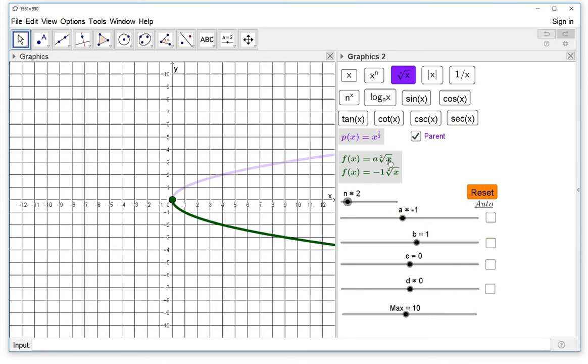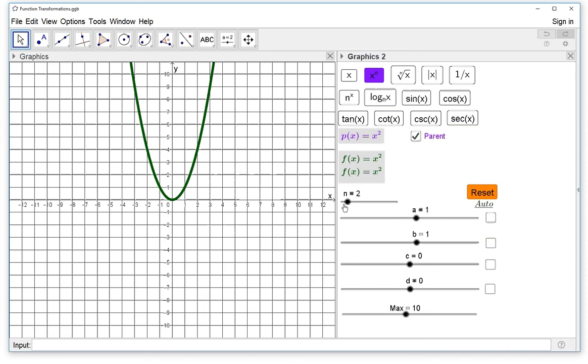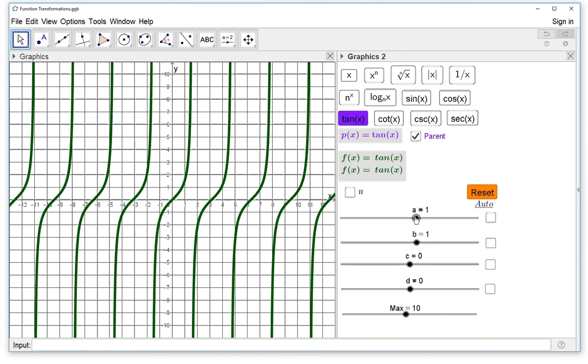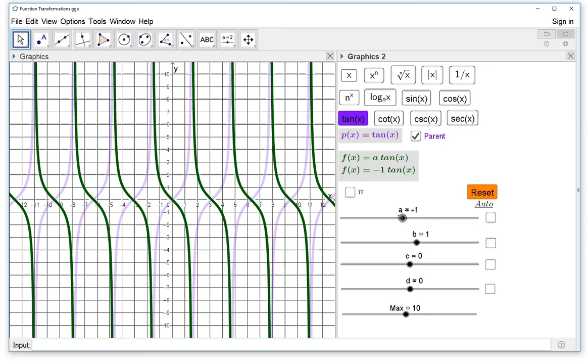Okay, so let's go to x squared. When we flip it, it's a U that becomes upside down. That's very straightforward. When we go to tangent and we flip it, all of the negative values become positive of the same thing, and all the positive become negative of the same number, and the x values stay the same.